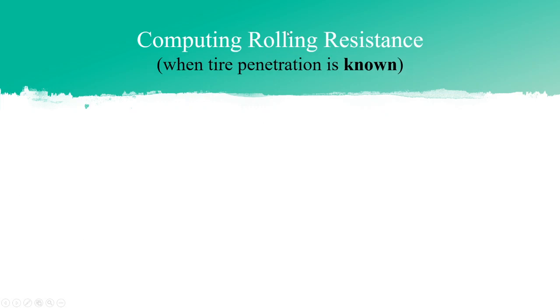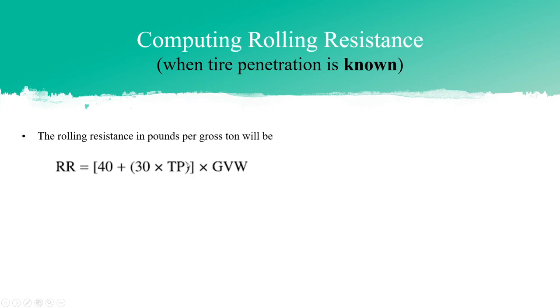So the second case that I talked about was when the tire penetration is known. We know how deep the tire sinks into the soil or into the earth. In that case, there is an empirical equation. So tire pressure, rolling resistance, tire penetration, the tire penetration is directly connected to rolling resistance.